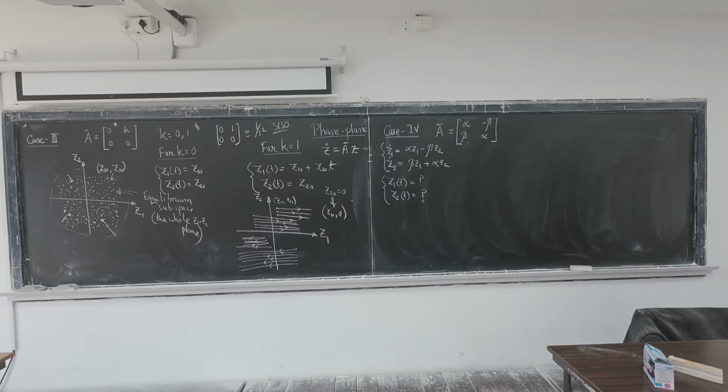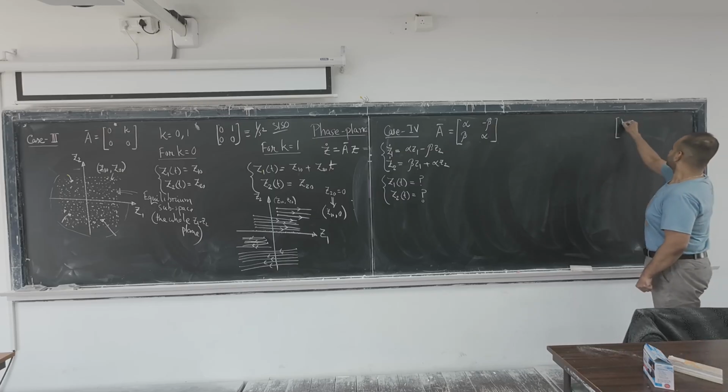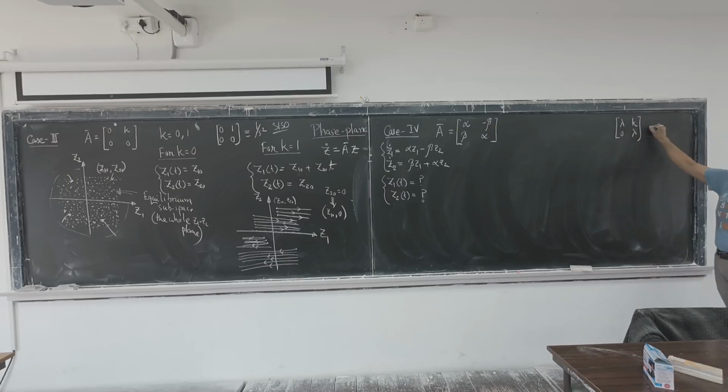If you see all the previous cases, the A matrices were in a very sizable form. That is, either lambda 1, 0, 0, lambda 2, or lambda, 0, 0, 0, or even lambda, k, 0, lambda. This is the maximum coupling we faced.